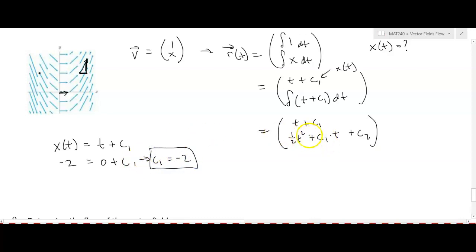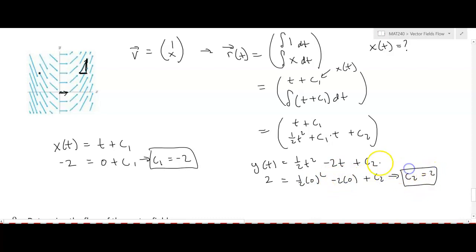Now for equation 2, obviously I can plug in -2 for c1, so y of t is going to be 1/2 t squared minus 2t plus c2. That way I just have one unknown remaining, and I can plug in 2 for y and 0 for t. You can see that we're just going to get c2 equals 2. And so now we have our trajectory for this point.